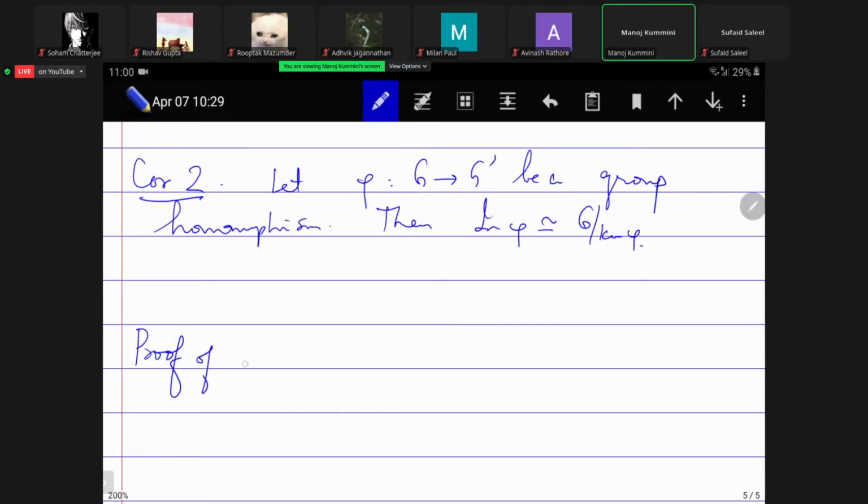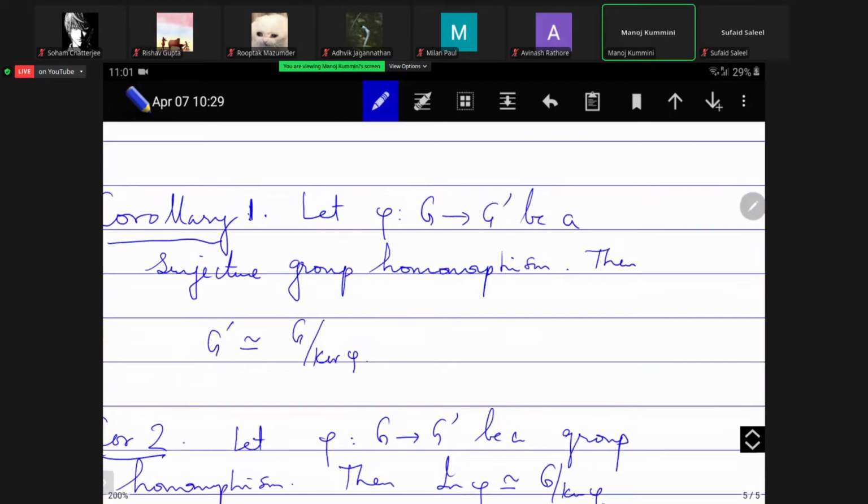Proof of corollary 1. Now we have a surjective group homomorphism, and we want to prove that some group is isomorphic to some other group. To prove that two groups are isomorphic, we need to find an isomorphism between them.